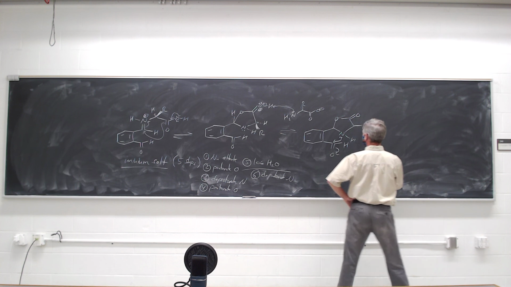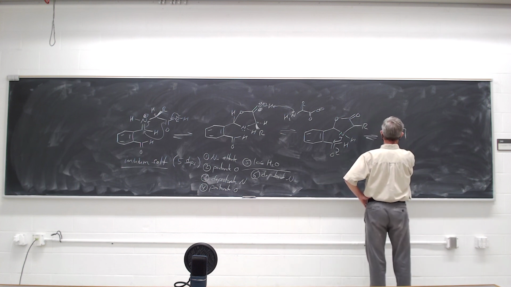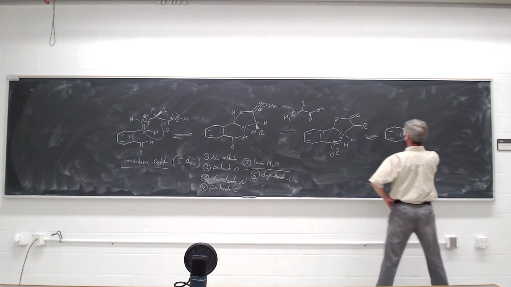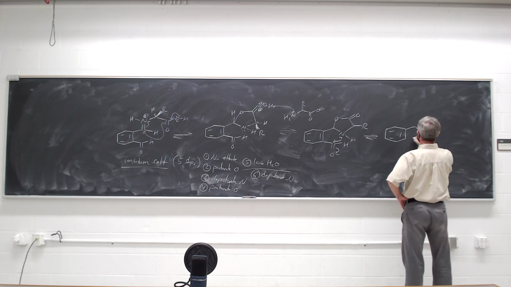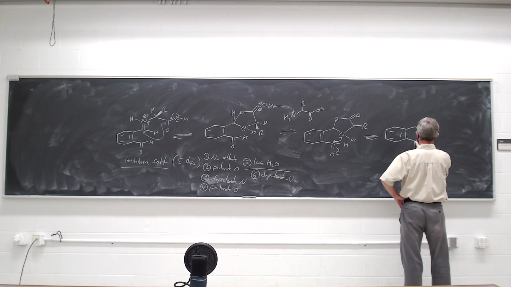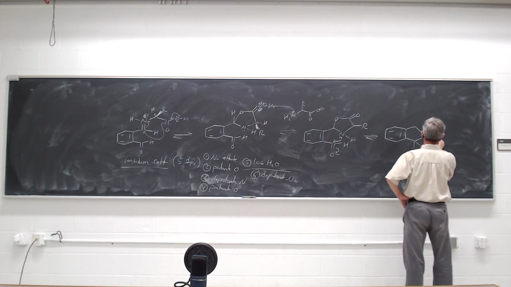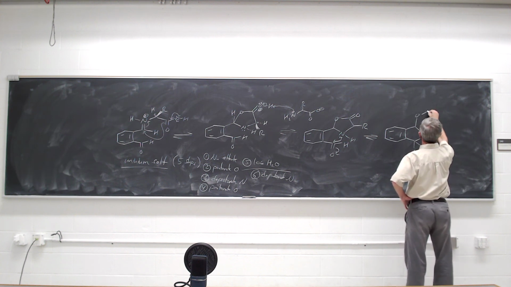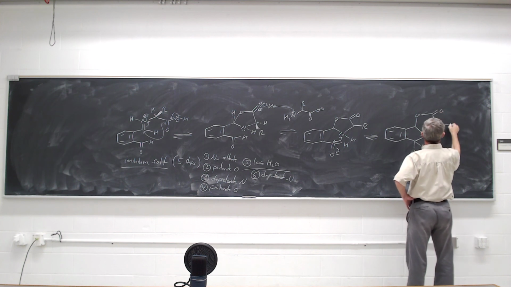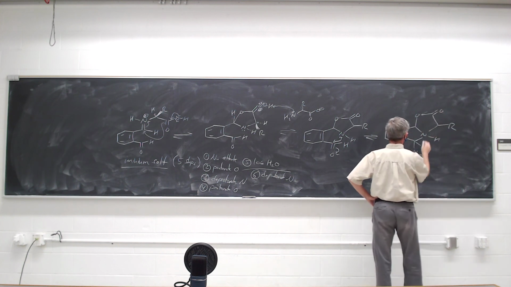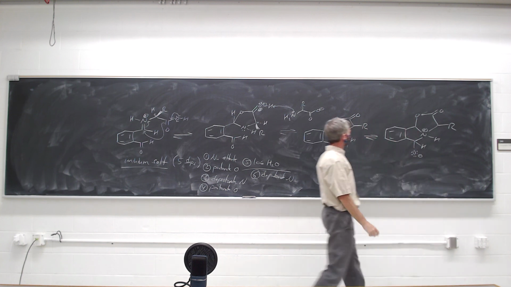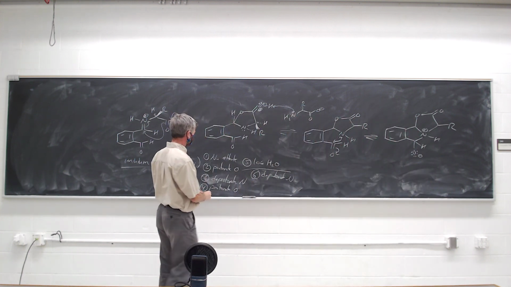If the nitrogen can attack one, it can probably attack the other. It's going to look like that. So now you got two 5-membered rings in there.